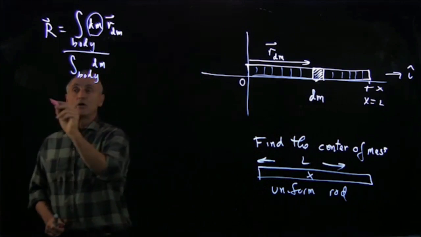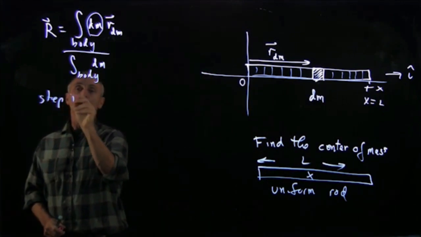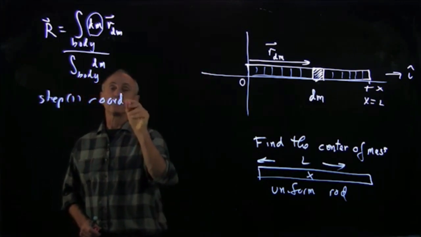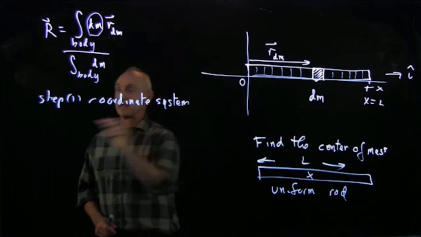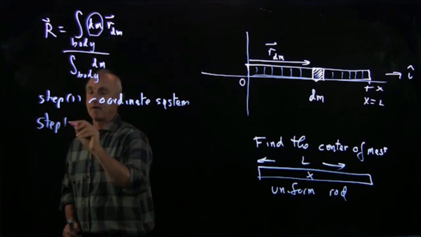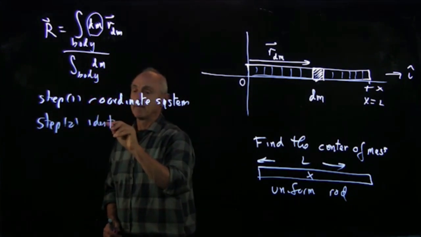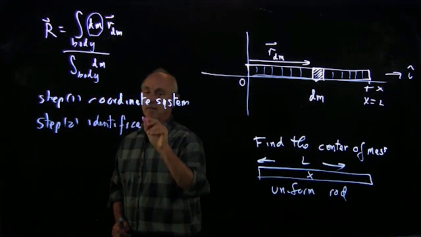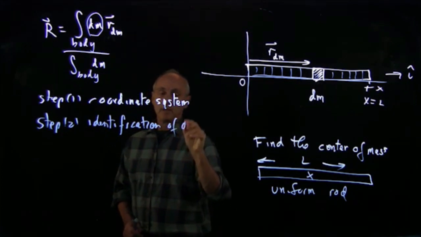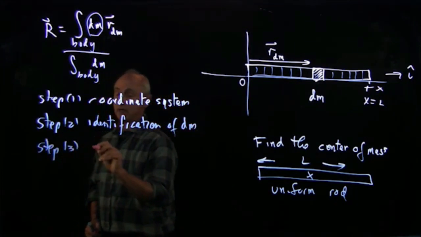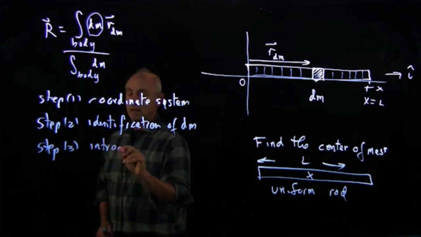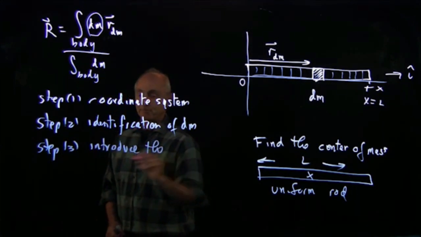So step 1 was the coordinate system. Step 2 was the identification of dm. And step 3, and I think this is absolutely the crucial one, is to introduce the integration variable.